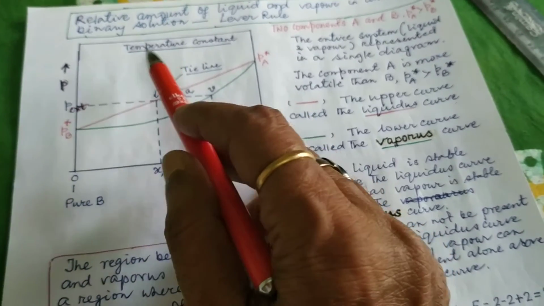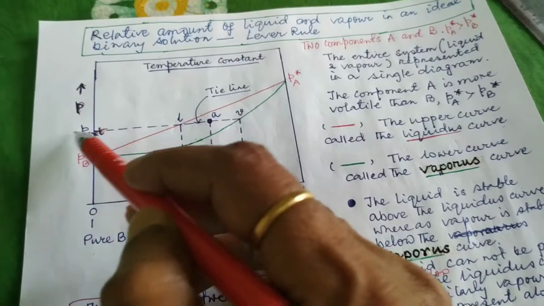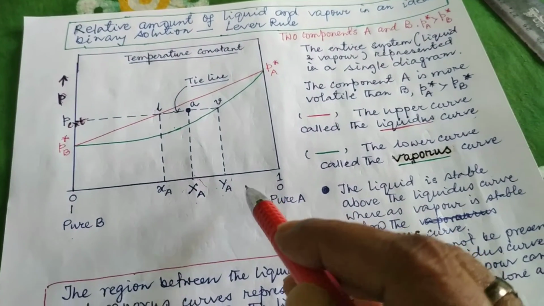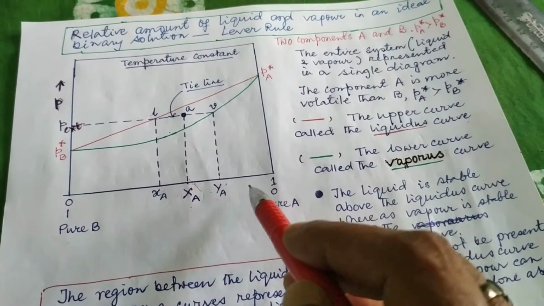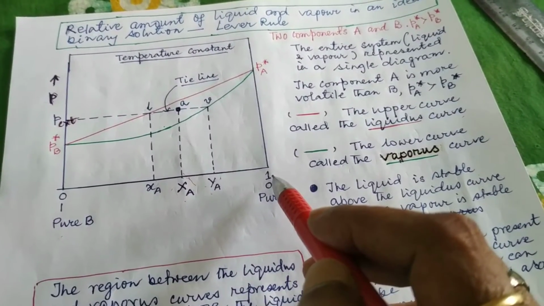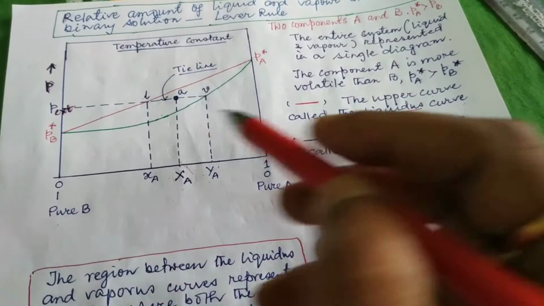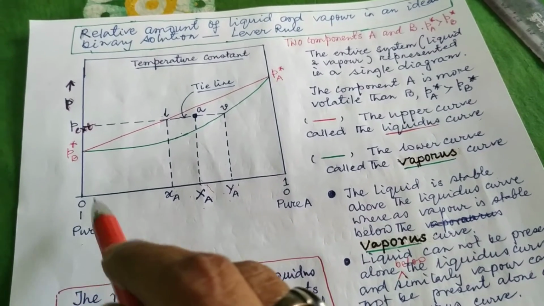At a particular temperature, the total pressure is plotted against the mole fraction of the components. Here A is the pure A, where xa equals 1. This is pure B, where xb equals 1.